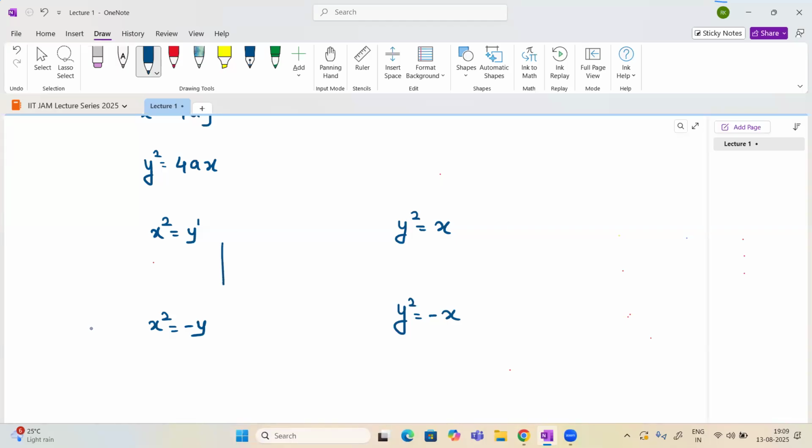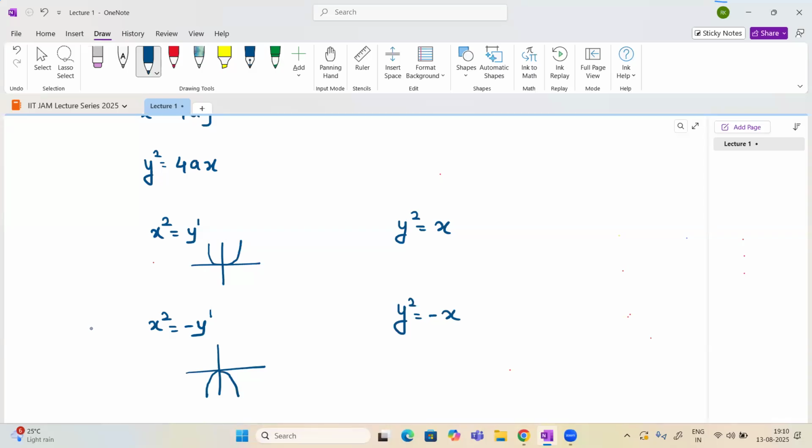So if we talk about the first parabola, the power of y is 1. That means the parabola is symmetric about the y-axis. In the next equation, the power of y is also 1, but that y has a minus sign. So that's why the parabola opens in the downward direction.